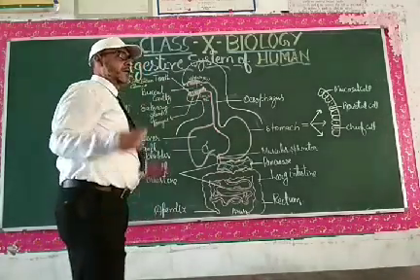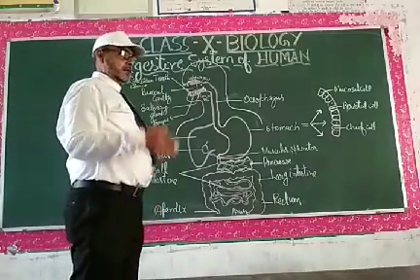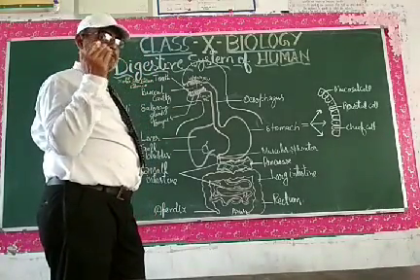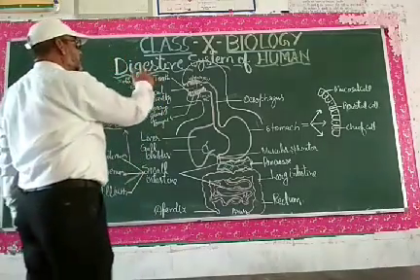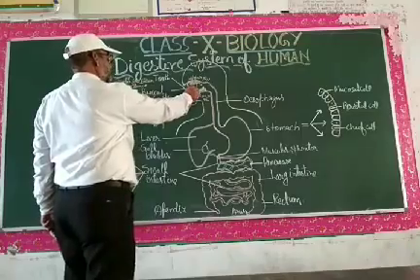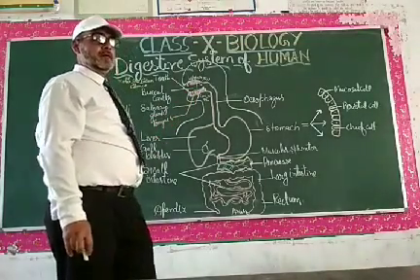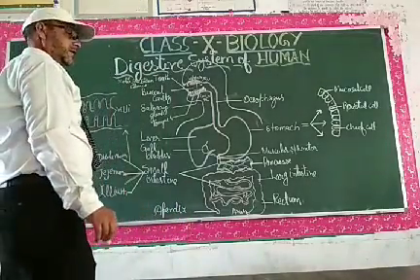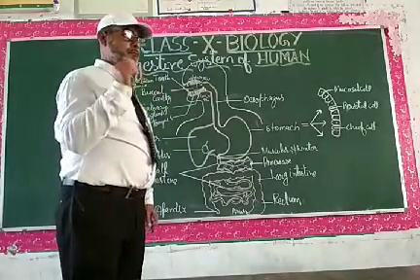So salivary glands are found in both jaws, on the side of the teeth which are arranged. Dear students, in between, the long tongue is present, and this tongue is for tasting the food, because the taste cells are present in the tongue, and this tongue also helps in the mixing and swallowing of the food.